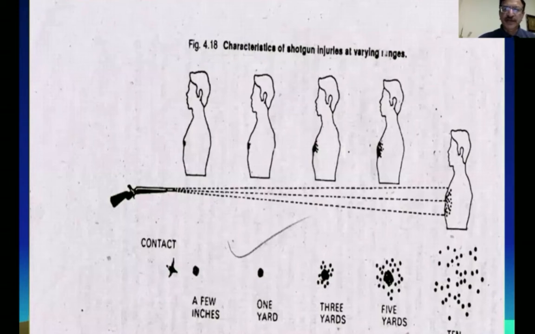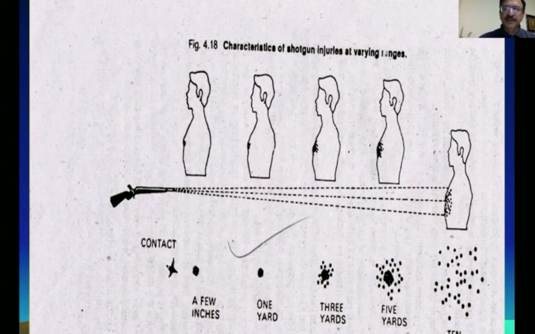This is a pictorial diagram. You can see the pattern of dispersion at different ranges. At a few inches, the charge is entering en bloc, and up to 1 yard even, it remains en bloc.